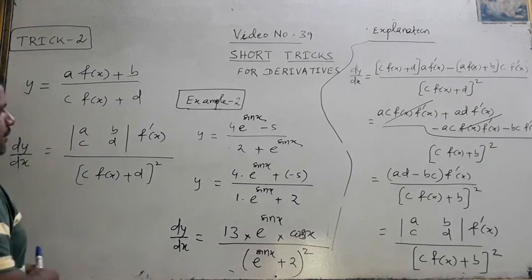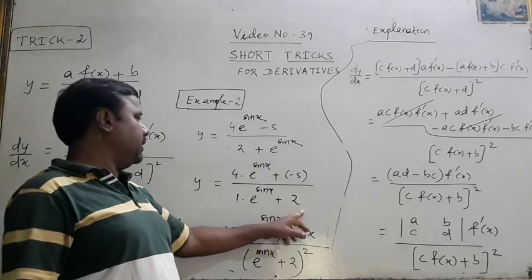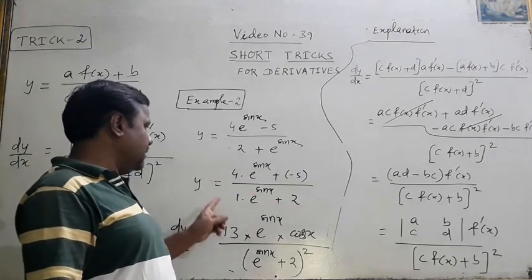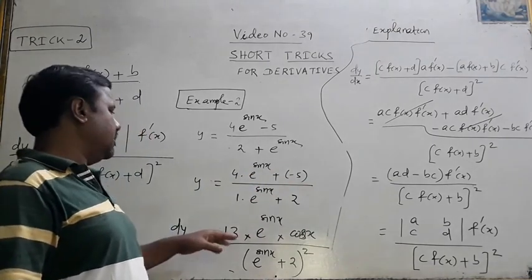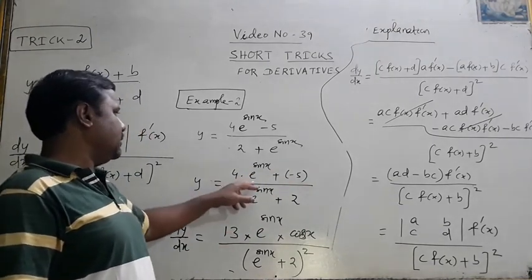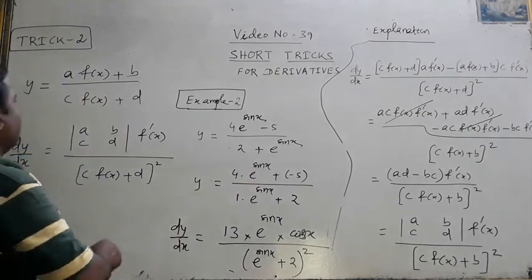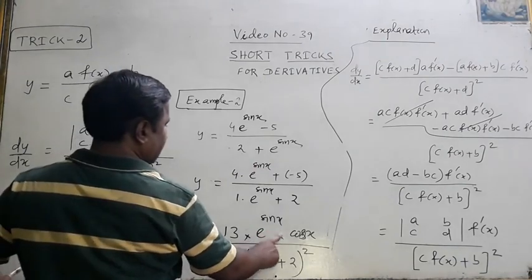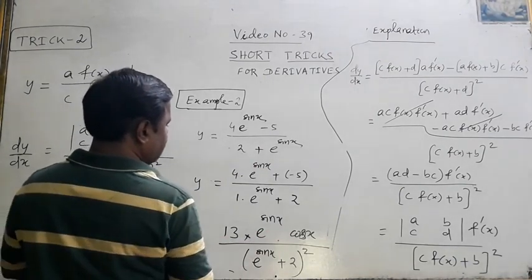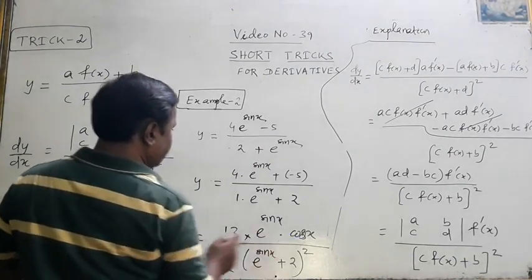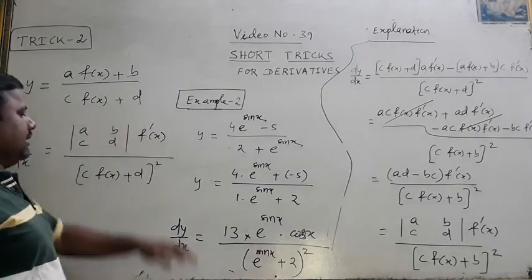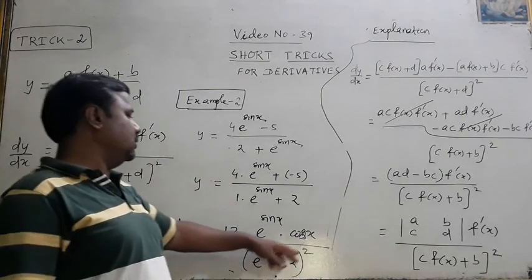Then the result is 4 into 2 minus 1 into minus 5, which is 13, into the derivative of f(x). The derivative of e to the power sin x is e to the power sin x into cos x, divided by the whole square of the denominator, that is (e to the power sin x plus 2) whole square.